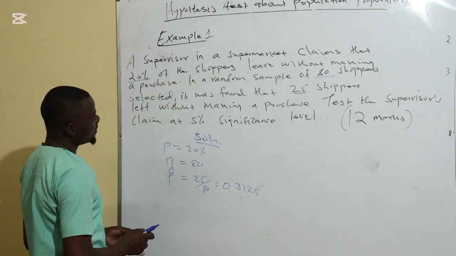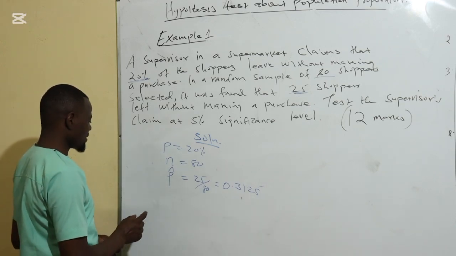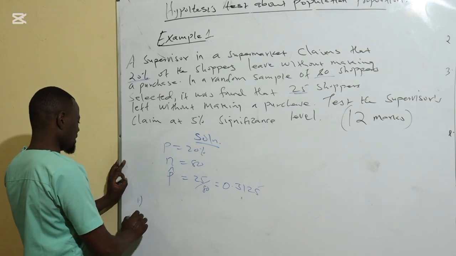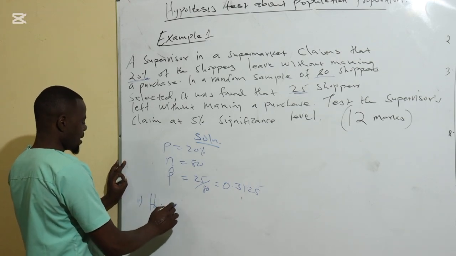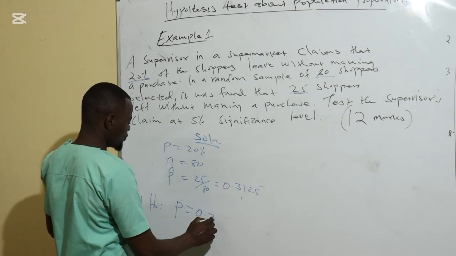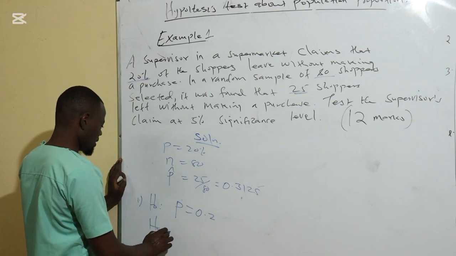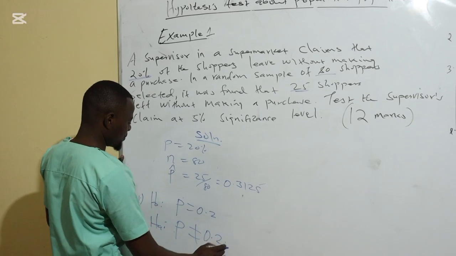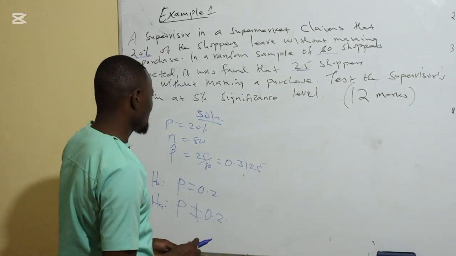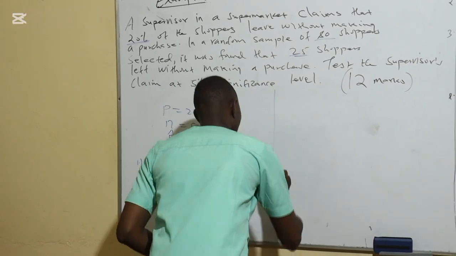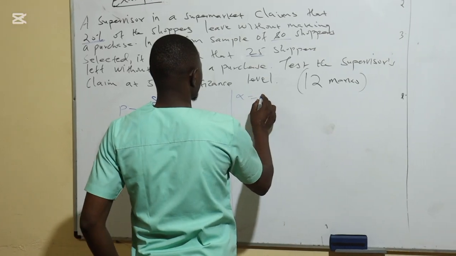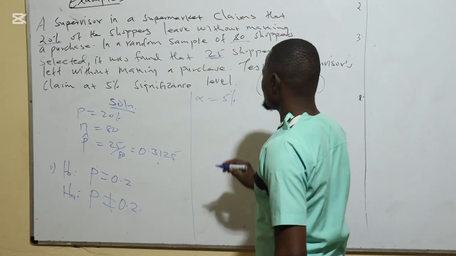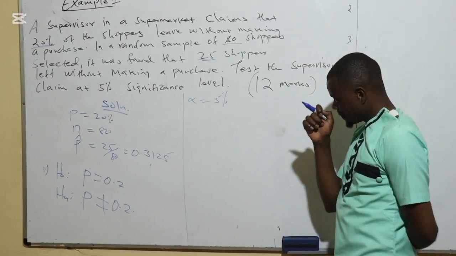Now, step number 1, state the null and alternative. H naught: P is 0.2 and HA: P is not 0.2. Then the alpha value, we are told to do it at 5%.